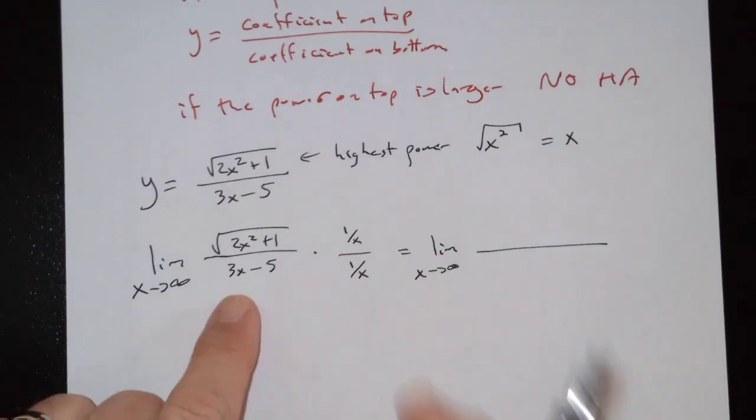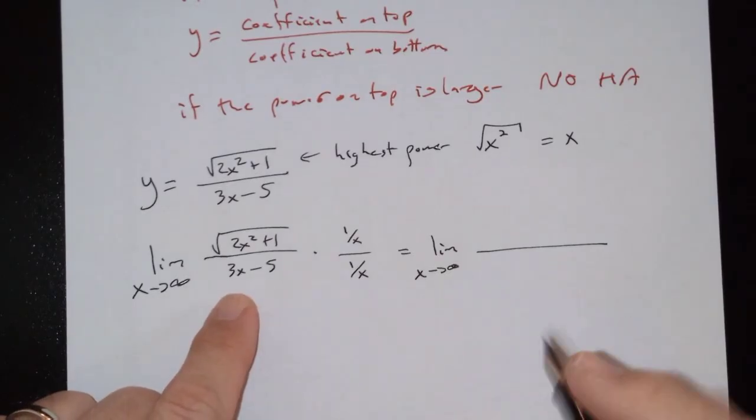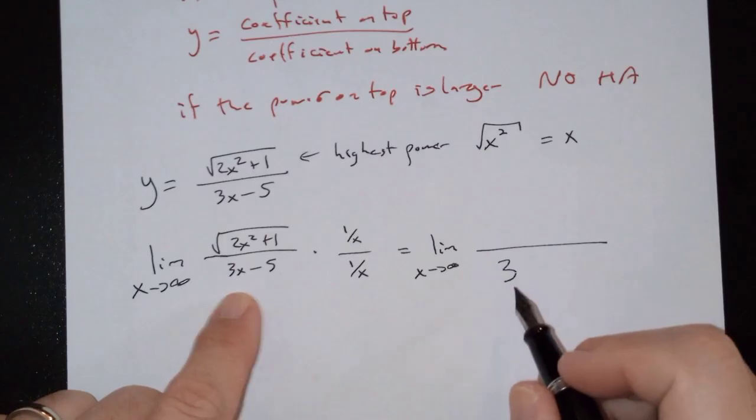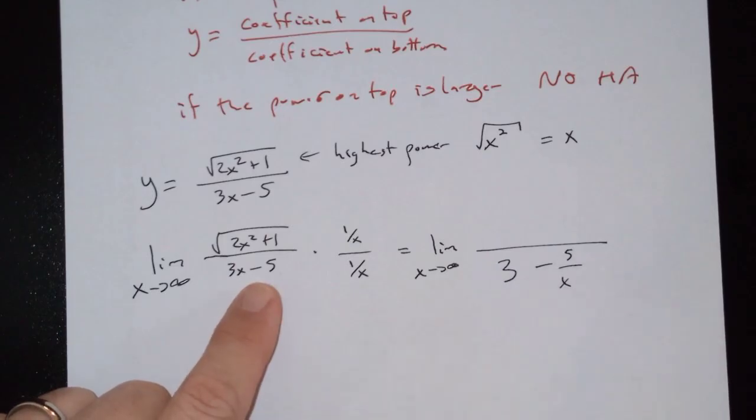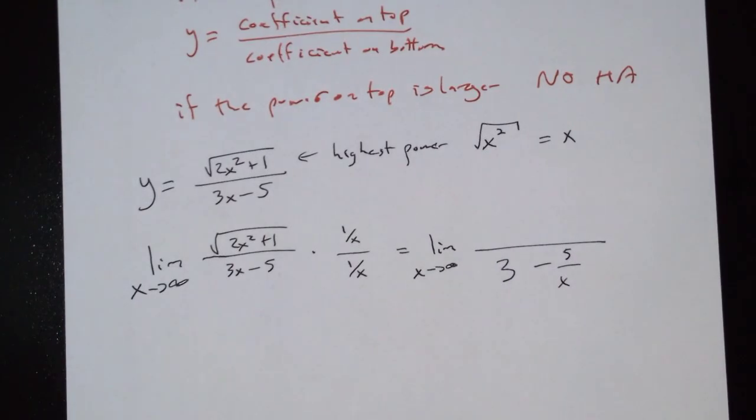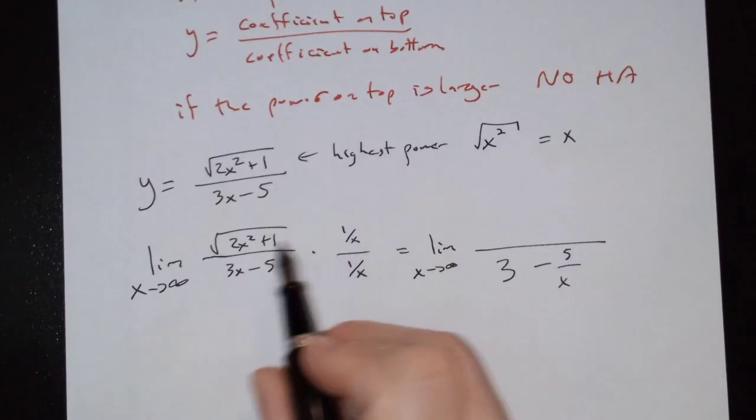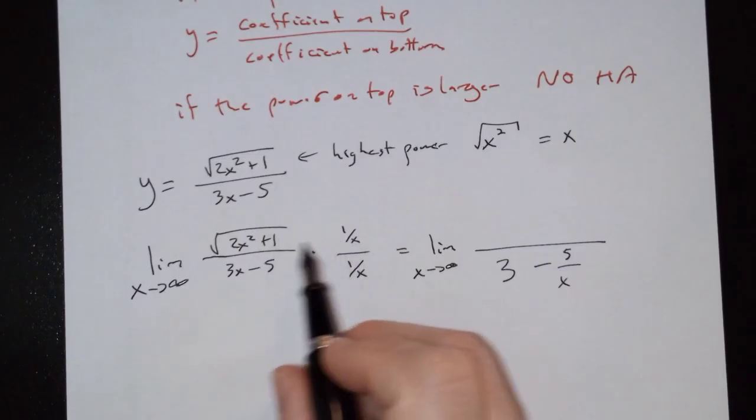I get 3x over x. 3x over x is just 3. And then I get minus 5 over x. It's the top part that's a problem, because I can't just combine these.